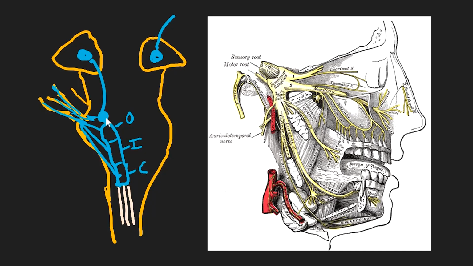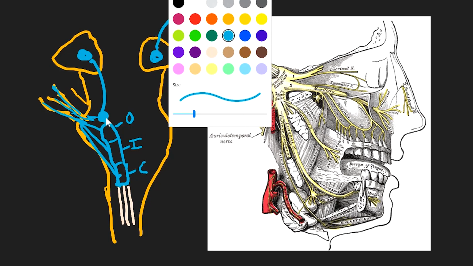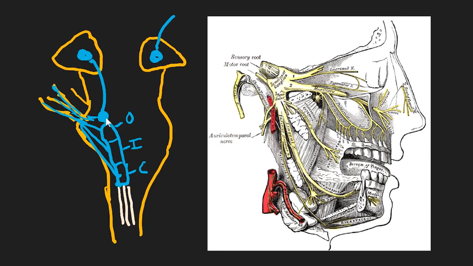Now you might say, well, what about the poor, little, teeny, weeny, oft-forgotten motor portion of the trigeminal nerve? Well, it has something that's a little bit smaller and weenier and teenier to go to. And this is going to sit a little medial, and it's going to be quite a bit thinner than the principal nucleus.